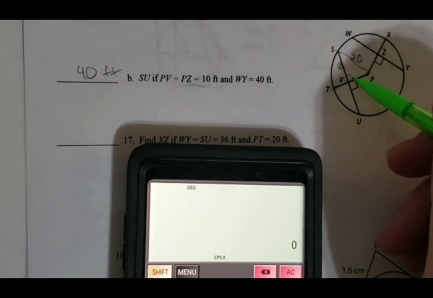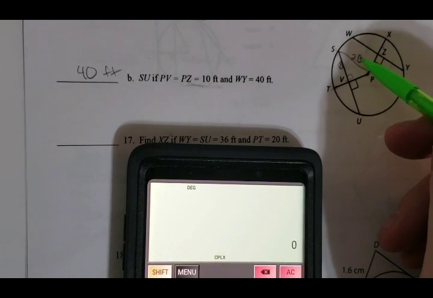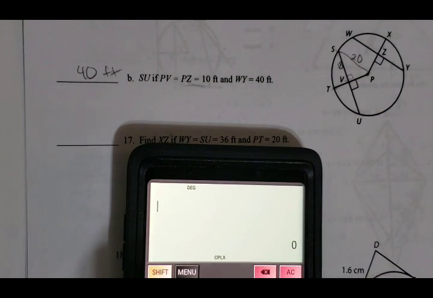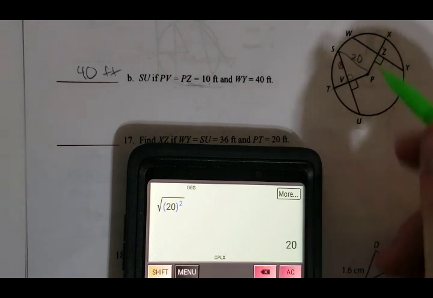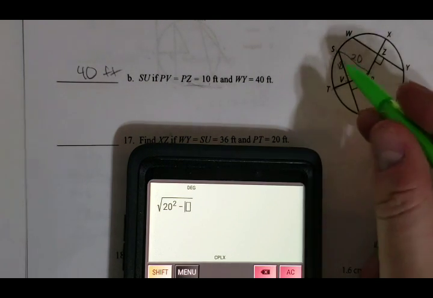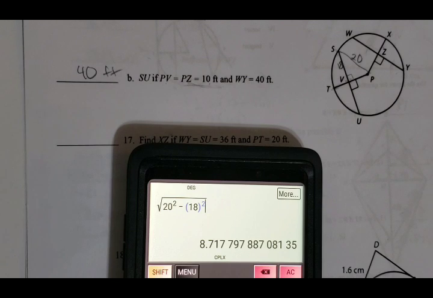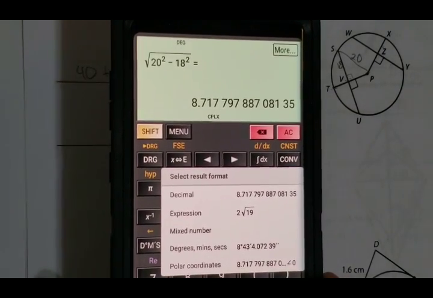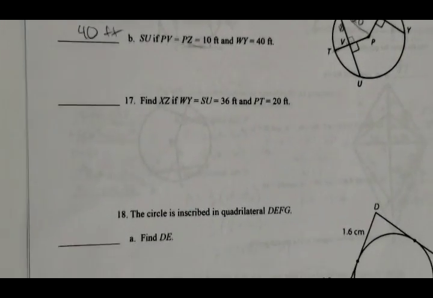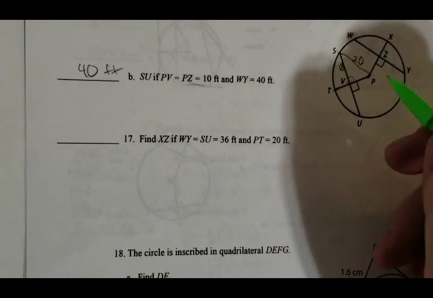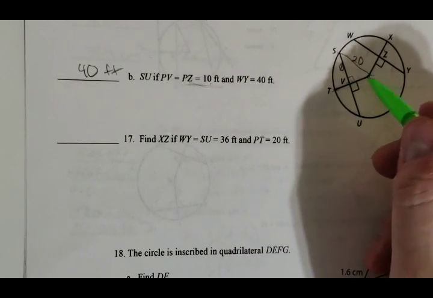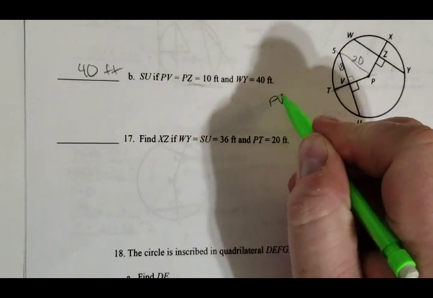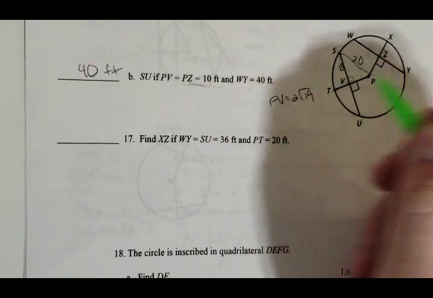This time I have my hypotenuse right here, so I'm going to say the square root of 20 squared minus the other leg, 18 squared, equals, I'm going to get 2 square root of 19. So that means PV equals 2 square root of 19.